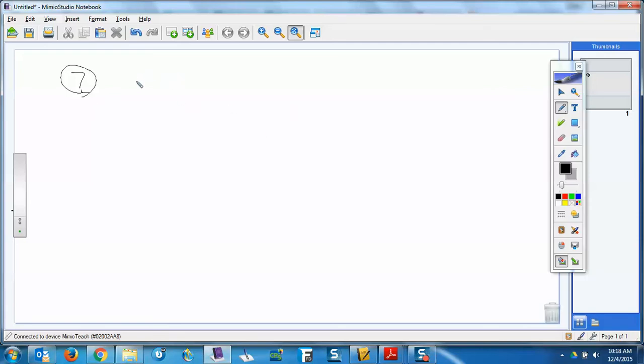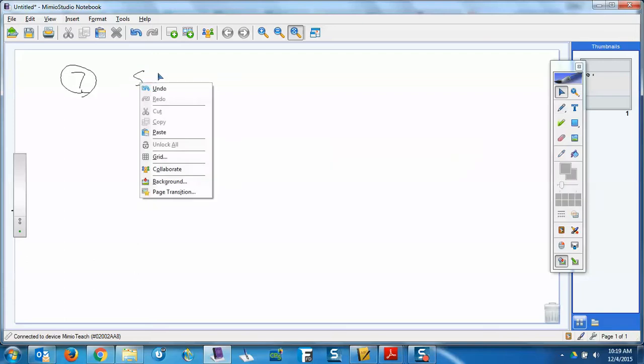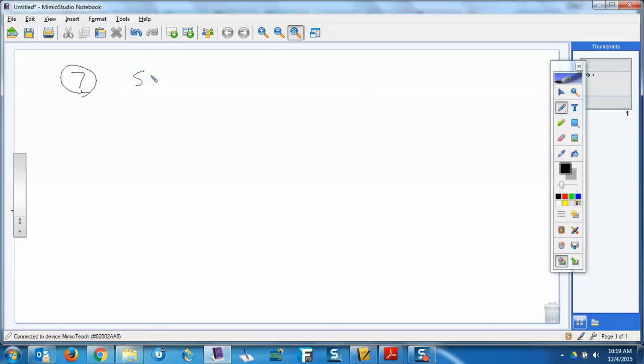So on 7, it says sine arc cosine of x, and you're supposed to rewrite the expression as an algebraic expression. In other words, it's going to have x's in it. This is what we did yesterday on our path to the derivative rule.